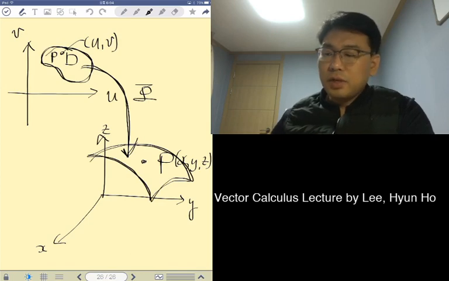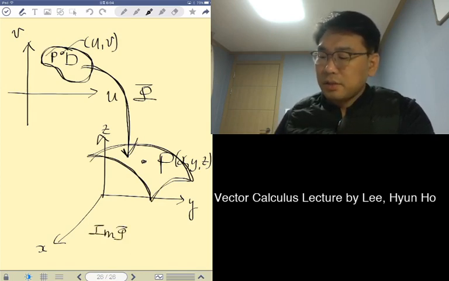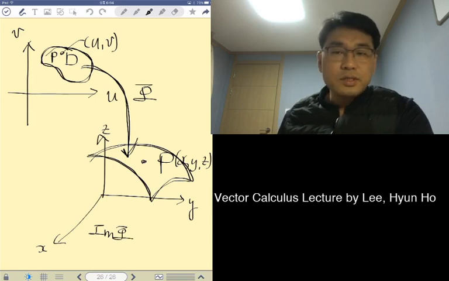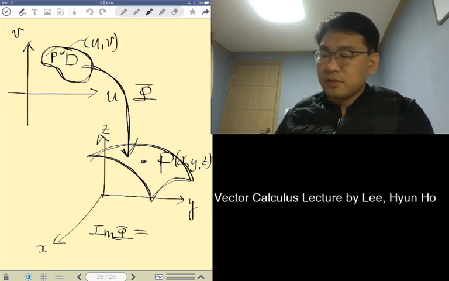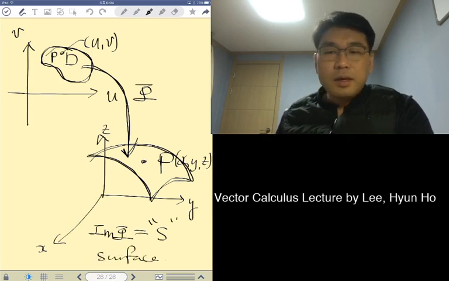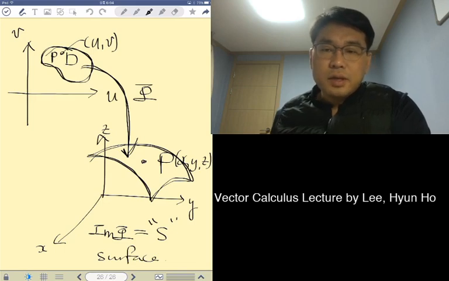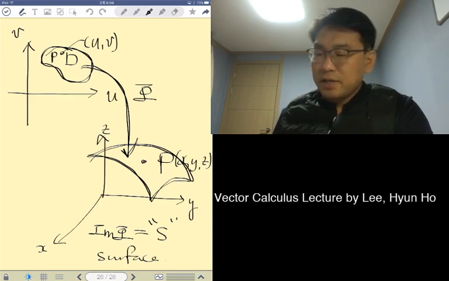Right? So the image of this, we can say, is a surface. Okay, so this is a surface. And in this case, this is called a parametrized surface. Okay, parametrized surface.